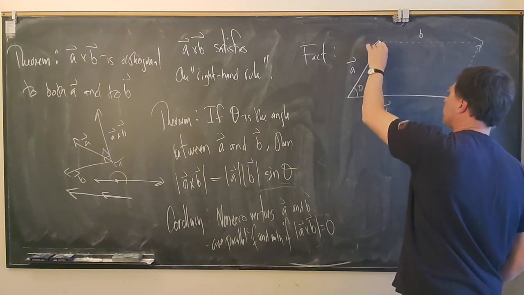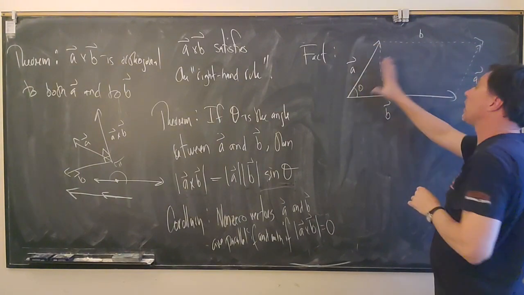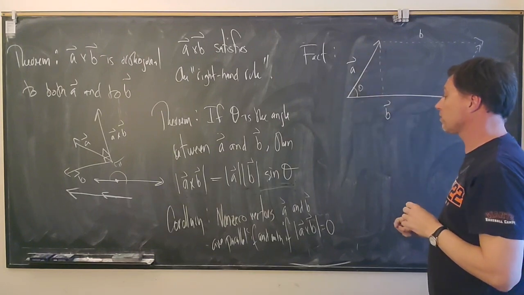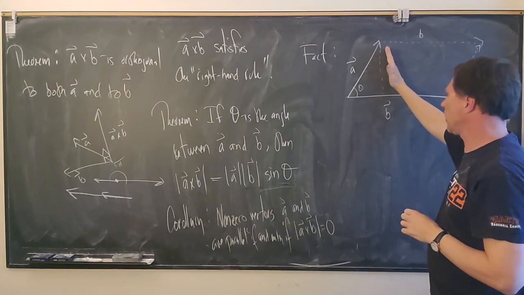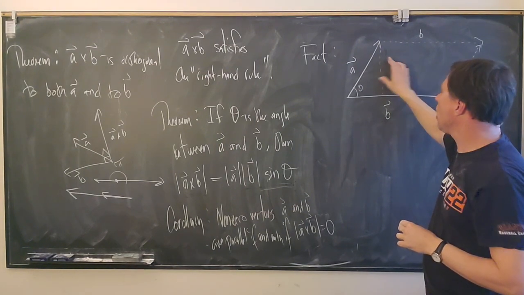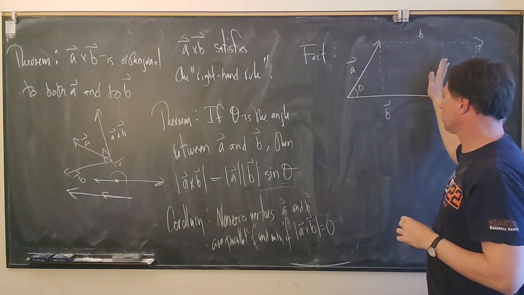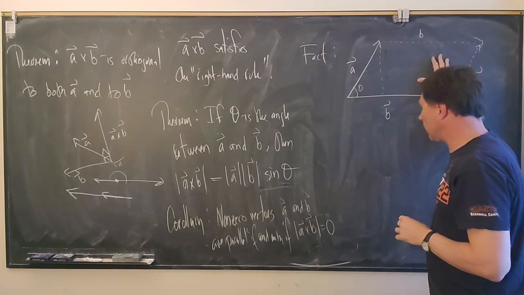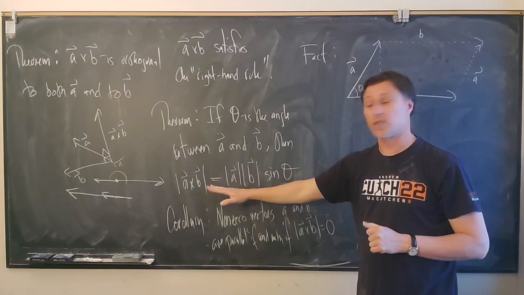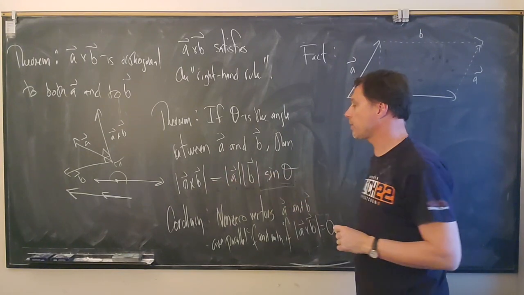There's theta. If you want to compute the area of this parallelogram, it would be the length of B times the length of this. And it turns out, just doing some trig, that this is the length of A times sine of theta. Which means that the area of this parallelogram is the length of A times the length of B times sine theta, which is exactly equal to the magnitude of the cross product.